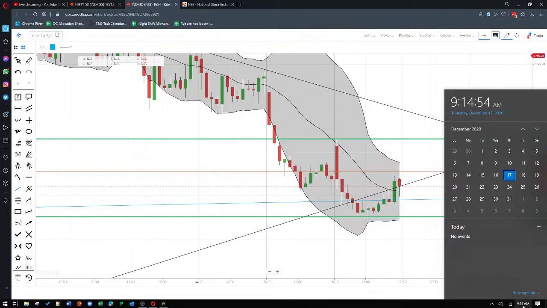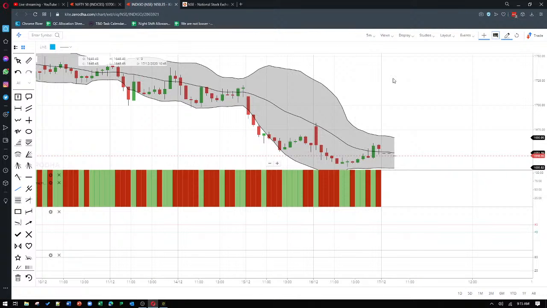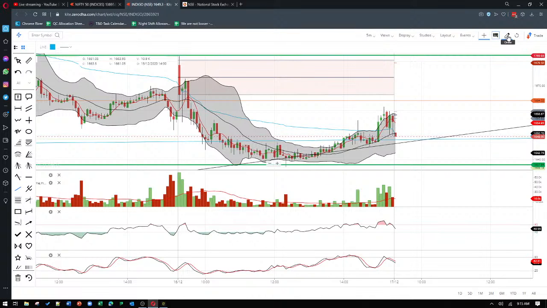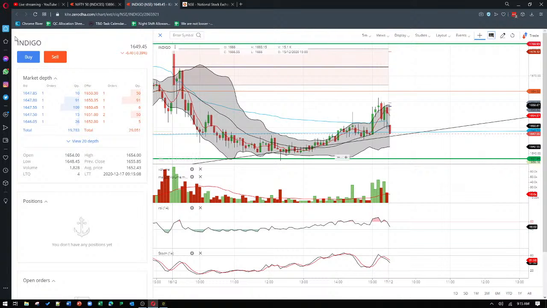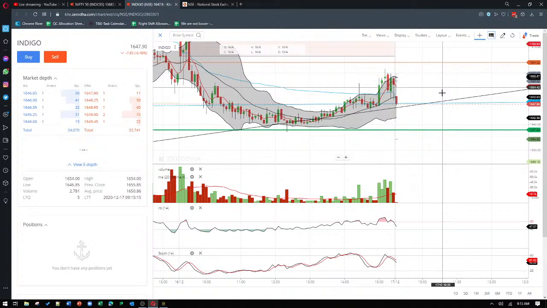The market is going to start in 5 seconds. Right, the market opened. Let me bring it to my view. This is my view actually. Looks weak.